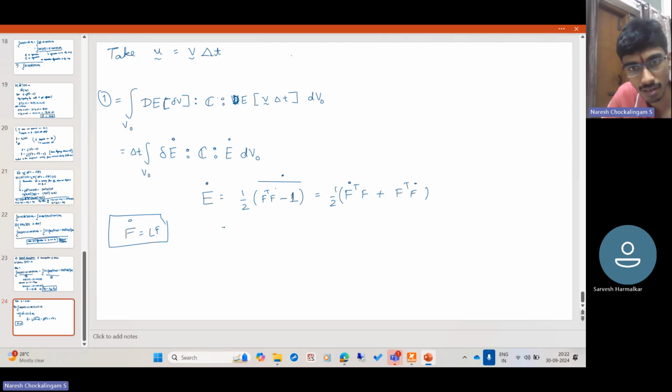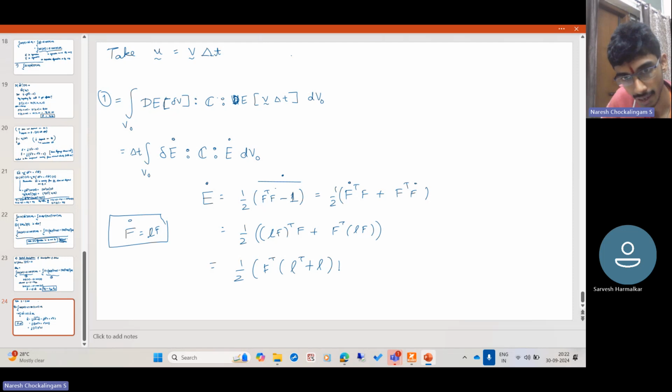So this becomes half of LF transpose F plus, let me use small l, F transpose LF. So this becomes half of F transpose L transpose plus L F, and this is nothing but F transpose (L plus L transpose by 2) F, which is D.